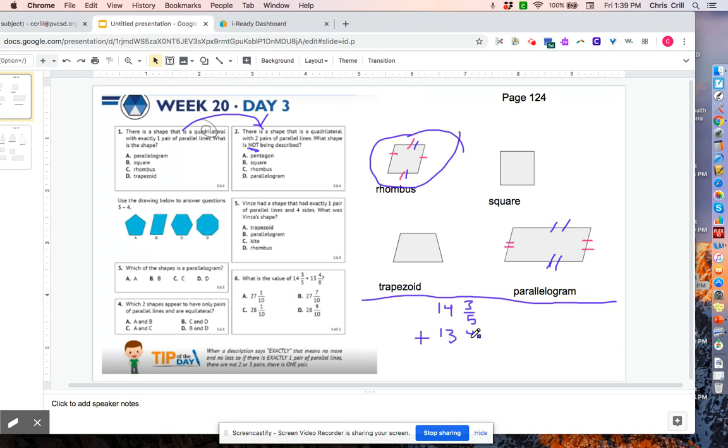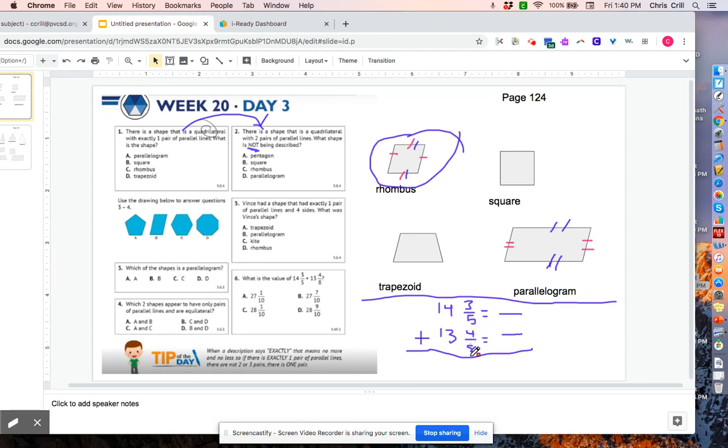Just makes your work a little easier. I'm going to remind you that when we're adding and subtracting fractions, you don't add your denominators, but you need to find common denominators, and preferably the lowest common denominator possible.